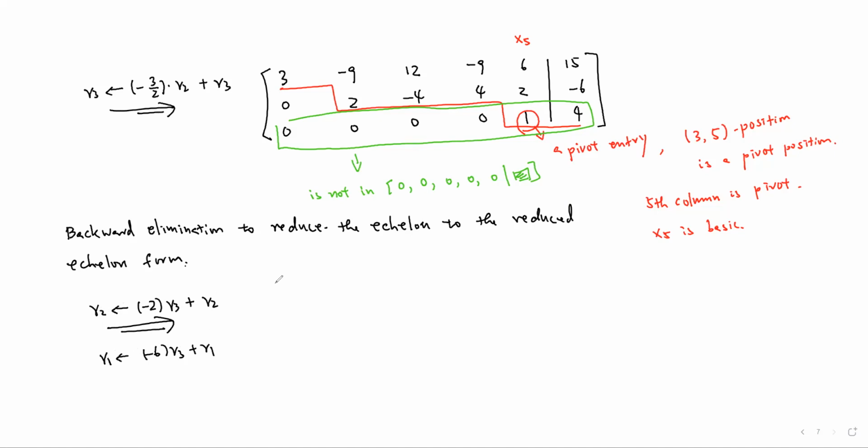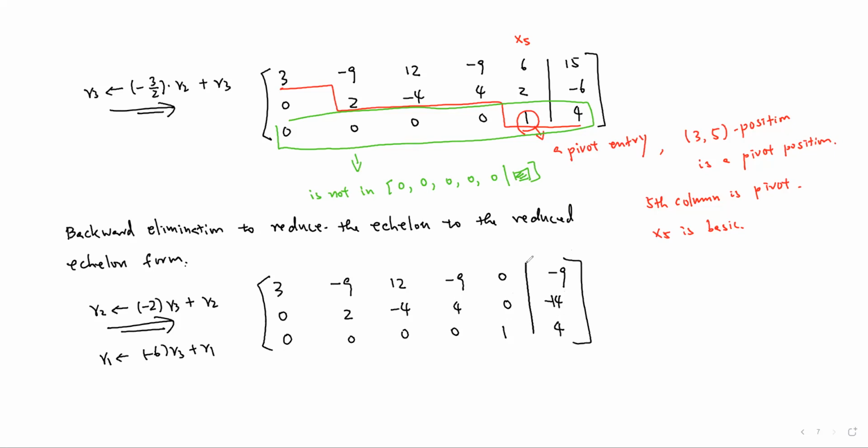So then the matrix is 3, 9, 12, 9, -9, 0, 2, 4, 0, -14, 14, 0, 0, 0, 0, 1, 4. Then separate the coefficient matrix and the right side.